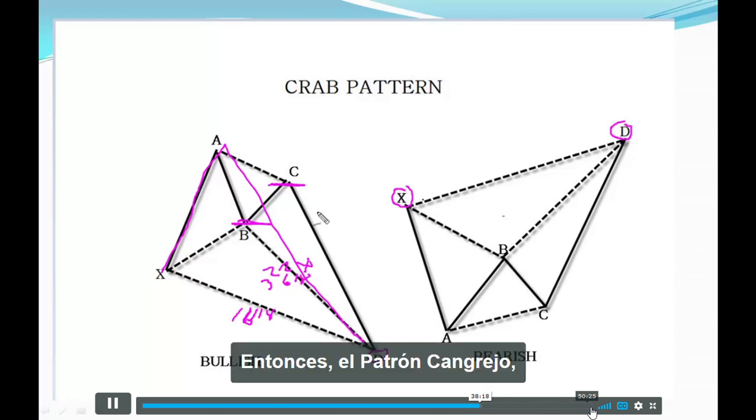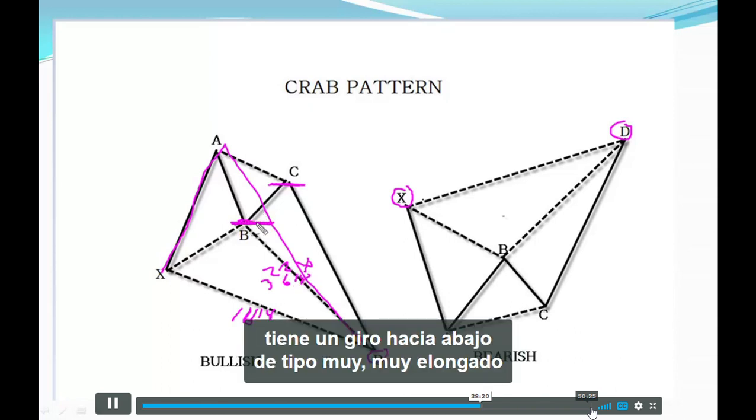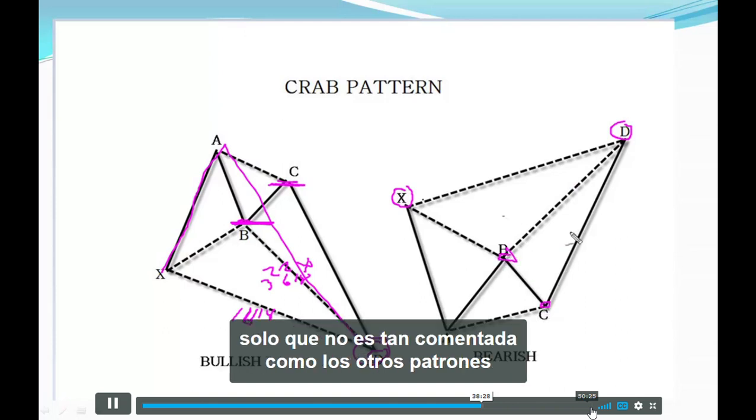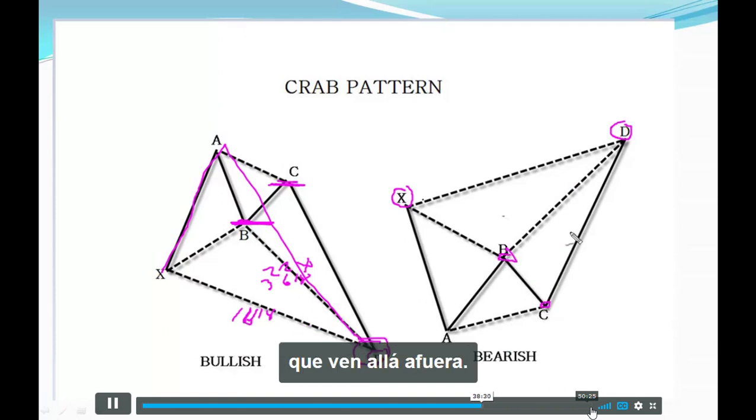So the crab pattern has a much elongated swing down into your D area, and that type of structure does exist. It's just not as common as the other patterns you see out there.